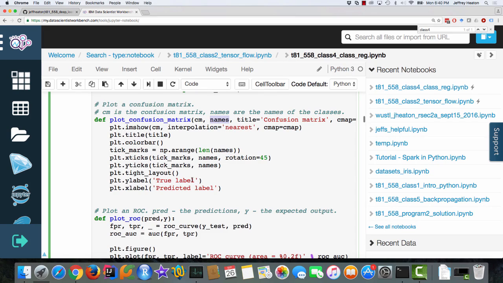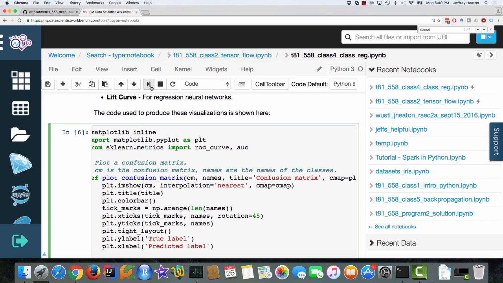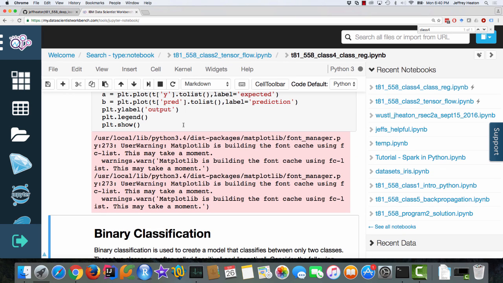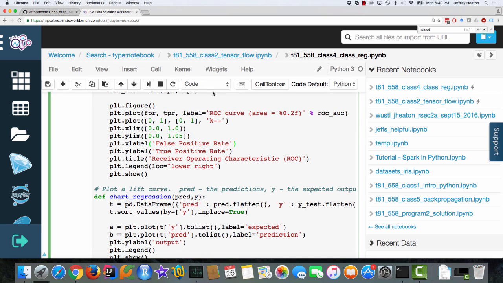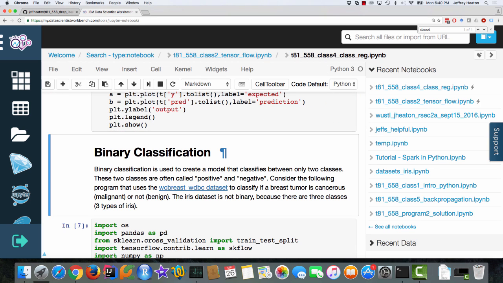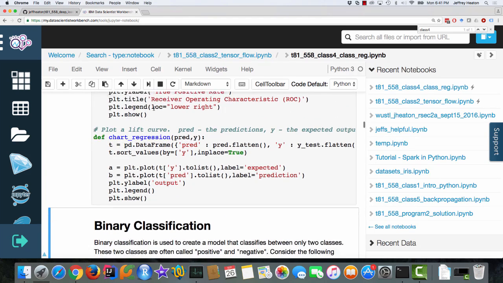And then it basically plots it. Let me see what happens. So it'll give these, which are fine. Those are warnings that only show up the first time you run it. If you run it again, they don't show up, and I don't know what's going on behind the scenes there, but the warnings are fine.